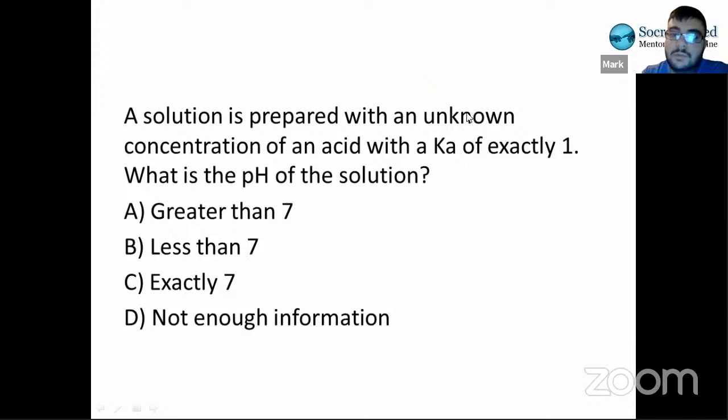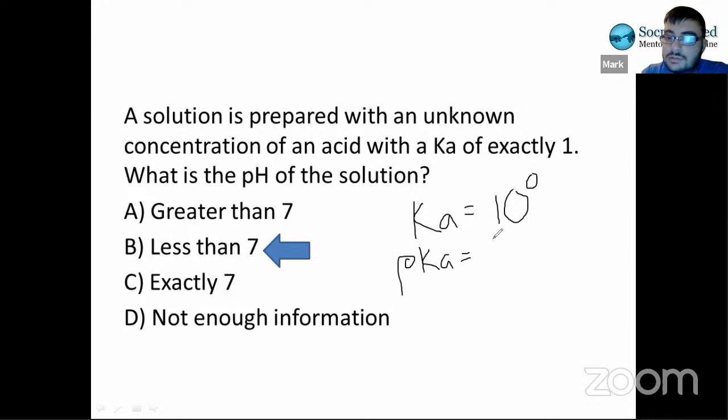So the majority of people picked answer choice B, and I would agree. I think it's B because, again, we have Ka of 1, and I'll just rewrite it: 10 to the 0th power. That means pKa is 0, right?